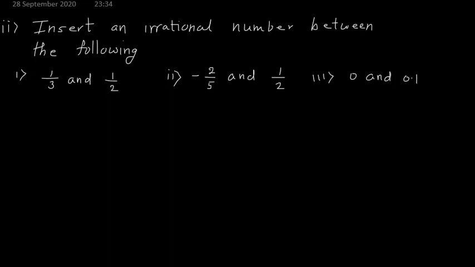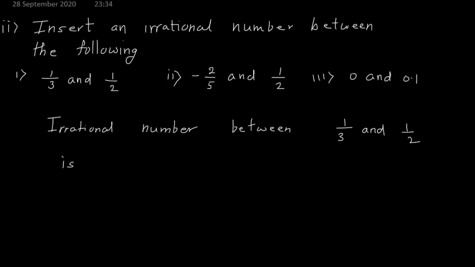So I will say that an irrational number between 1 upon 3 and 1 upon 2 is the square root of 1 upon 3 into 1 upon 2, that is the square root of 1 upon 6. Simple.